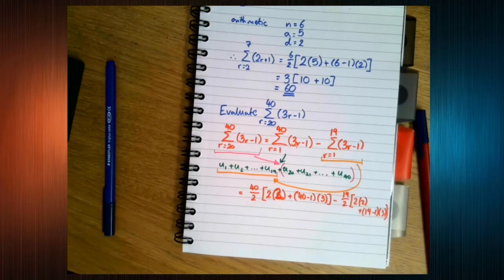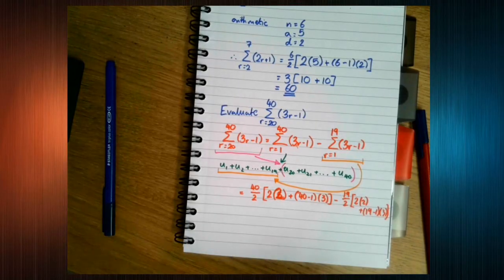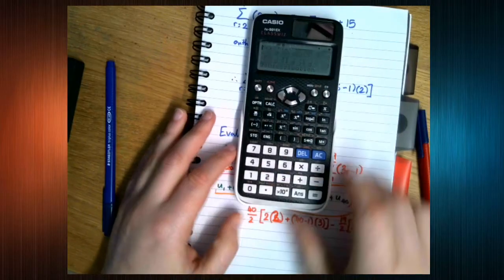Okay, so once you're there, what I would do is put each of these bits separately in your calculator so you can show appropriate working.